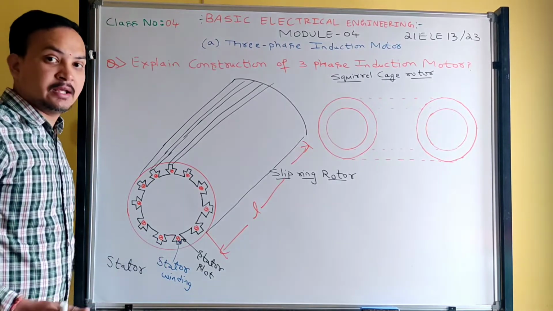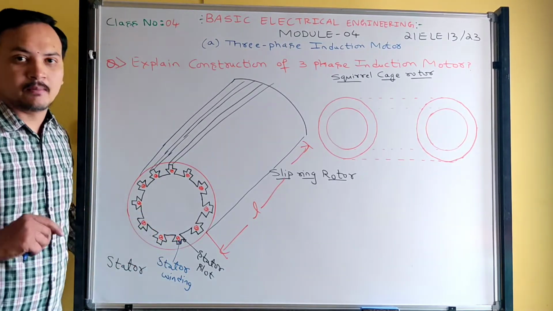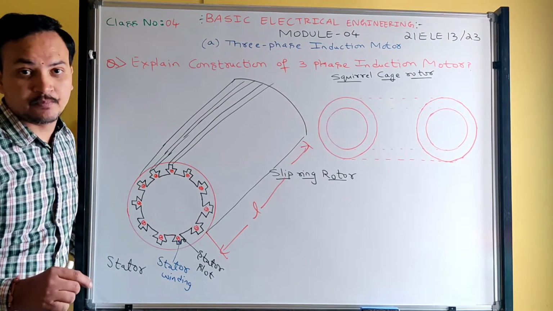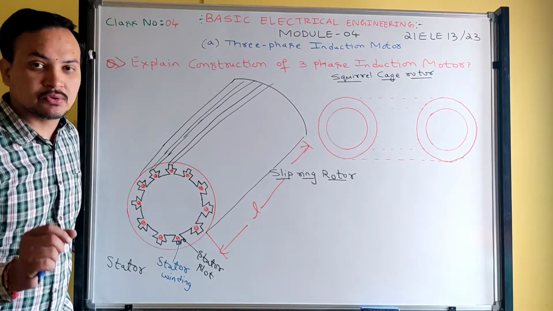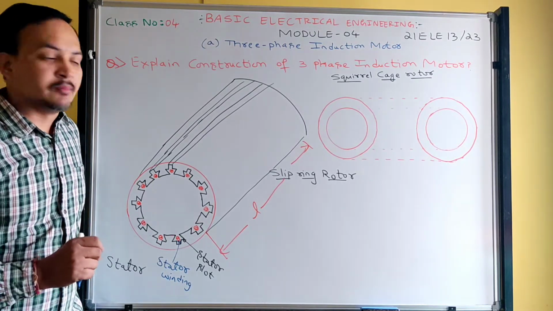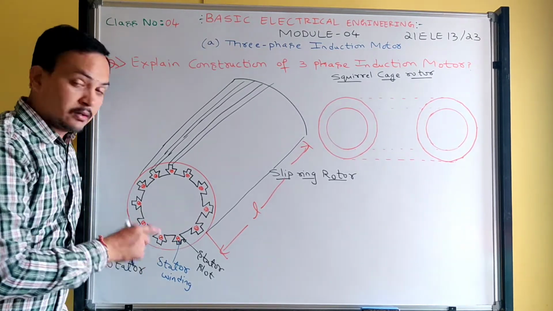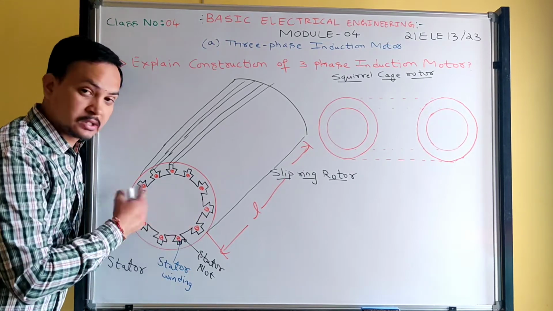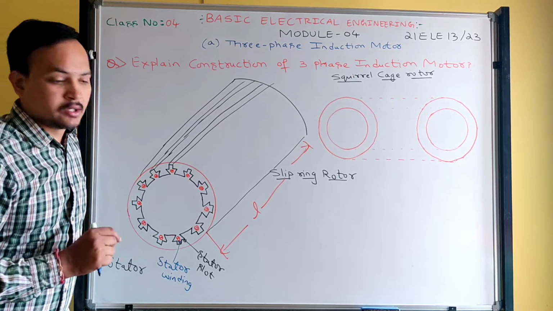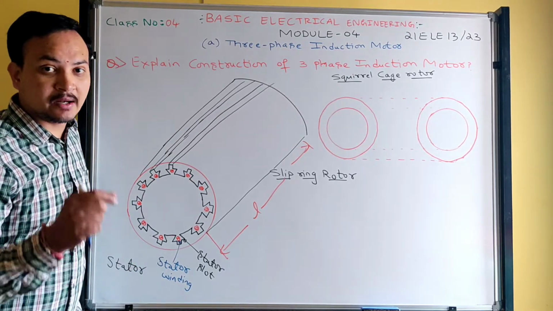Stator winding is a conducting material. It is made up of either copper or aluminium. 95% of the time we use stator winding with copper material. Why? Because the material has to pass through all the slots, so there will be some bending and curvature. Copper is malleable and ductile.